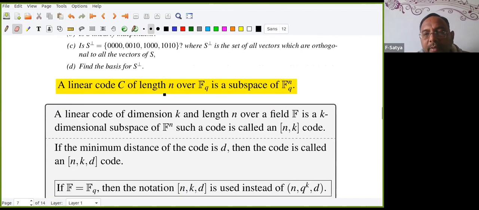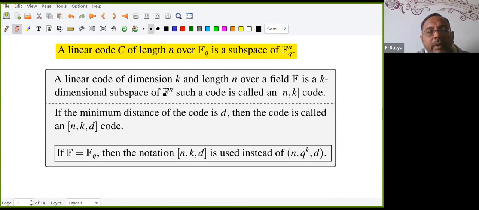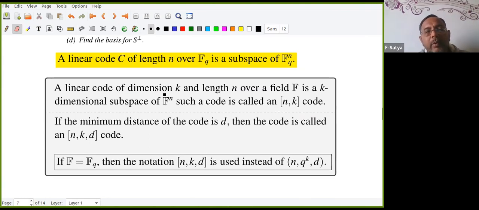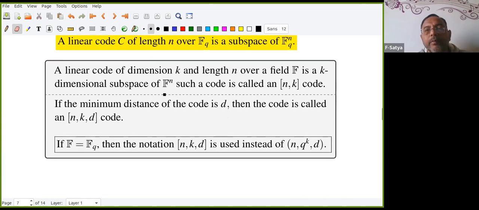Now I'm not going to waste your time. Now the other concept is coming. This is a linear code. A linear code C of length n over Fq is a subspace of Fq power n. Any questions?